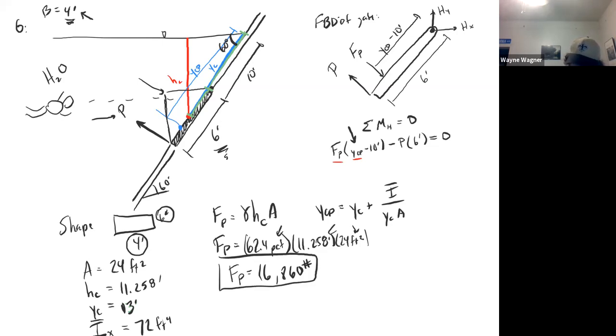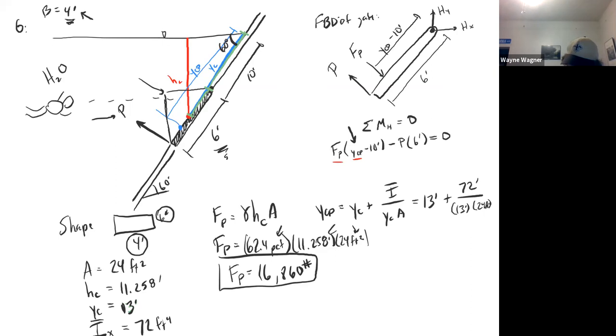And then, of course, I did a poor job with my space as usual. YC is 13 feet plus I bar, which is 72 feet to the 4th, over YC, which is 13 feet, times the area, 24 square feet.